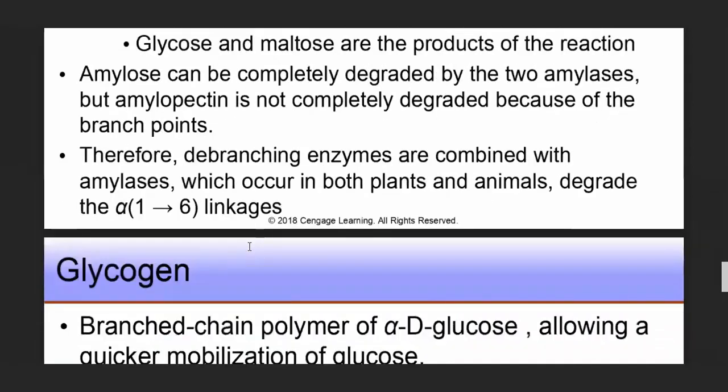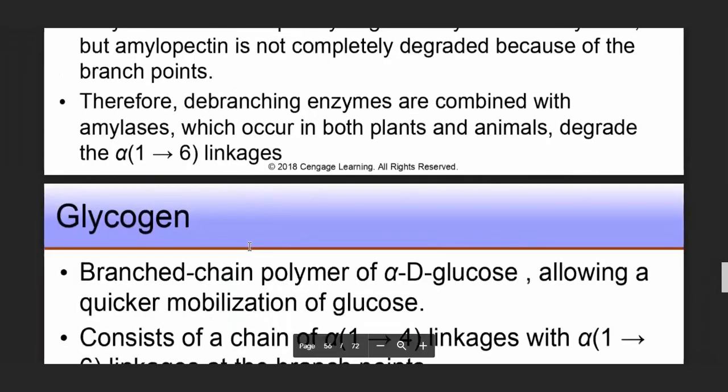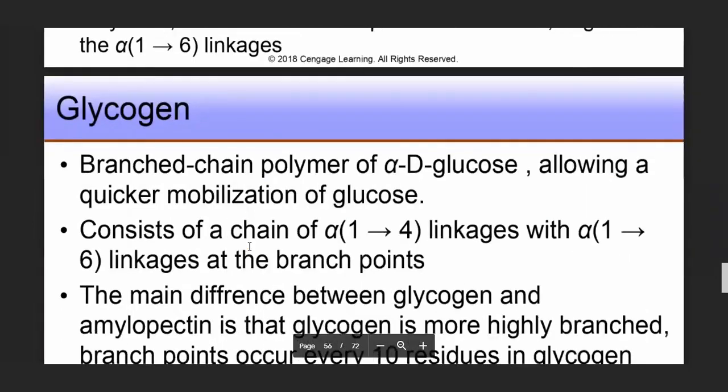Now, how is glycogen related to starch? Although starches occur only in plants, there is a similar carbohydrate storage form in animals called glycogen. Glycogen is a branched chain polymer of alpha-D-glucose, allowing a quicker mobilization of glucose.